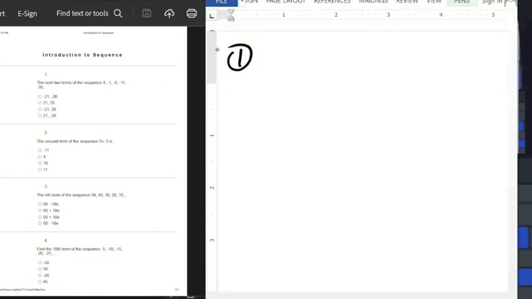So the first question, the next two terms of the sequence 4, minus 1, minus 6, minus 11, minus 16 and so on. If we look at the difference between the first and the second, it is minus 5.